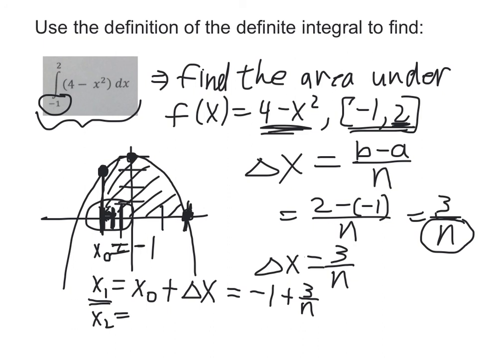Or what's going to be even more helpful is saying x sub 0 plus, well, how far are we from x sub 0? We've moved over 2 widths, 2 times the delta x. This would be 1, and then this would be 2. And in particular to our problem, x sub 2 is going to be represented by negative 1 plus 2 times the 3 over n. Okay? Questions so far?